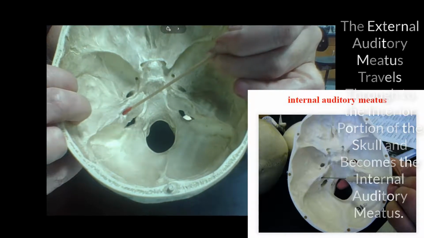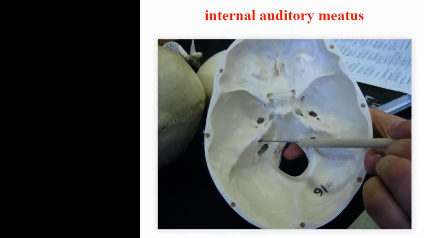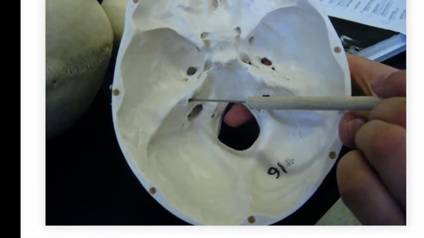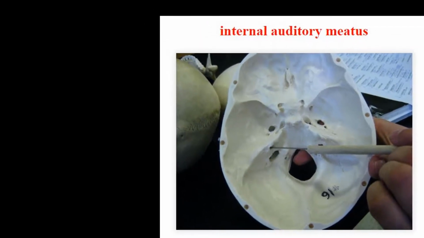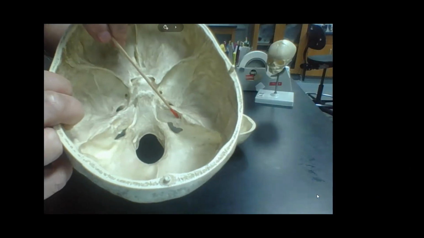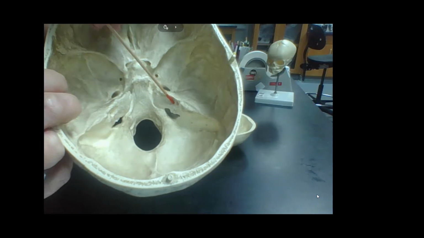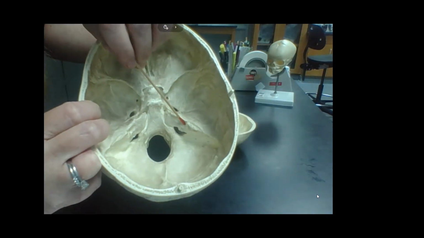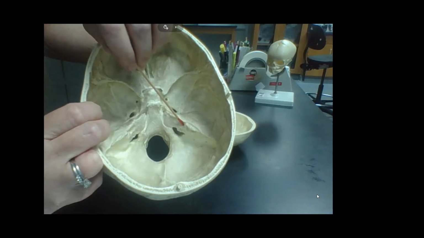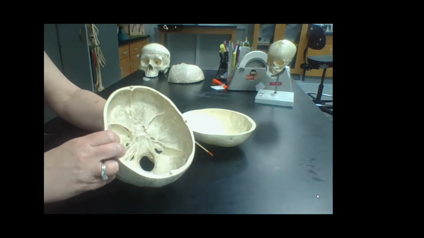So this is the internal auditory meatus. The bone associated with that is still the temporal bone, even though now we're on the inside of the skull. Okay.